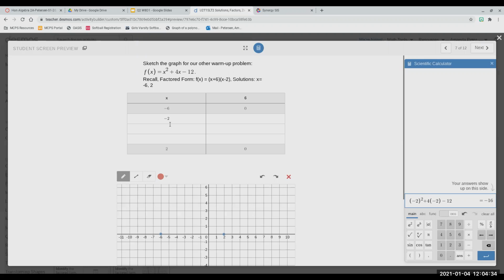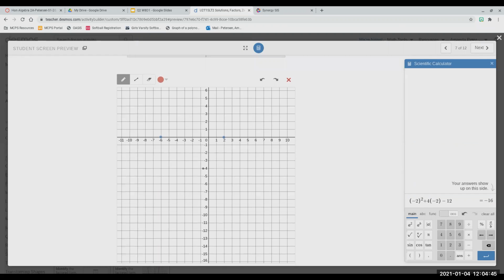So when x is -2, my y value is -16. Now I have an ordered pair, and I'm going to plot it on my graph. -2, -16. Let's go back to the blue color.